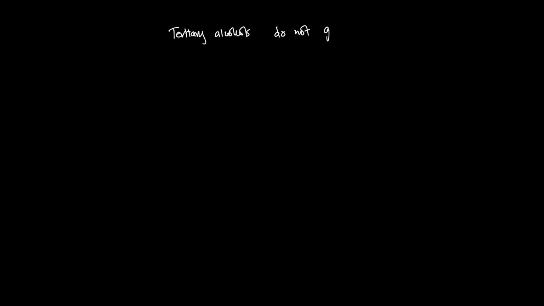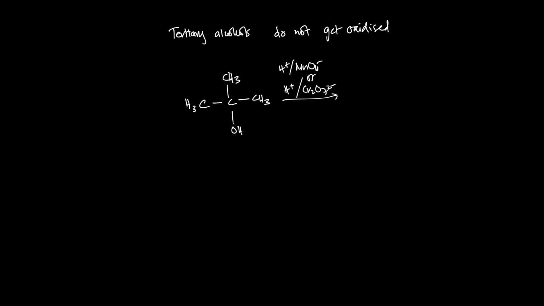So if you had something like this and you treated it with acidified dichromate, for example, or with acidified manganate, and you heat it under reflux, you will get no reaction. So the observation here would be no color change.